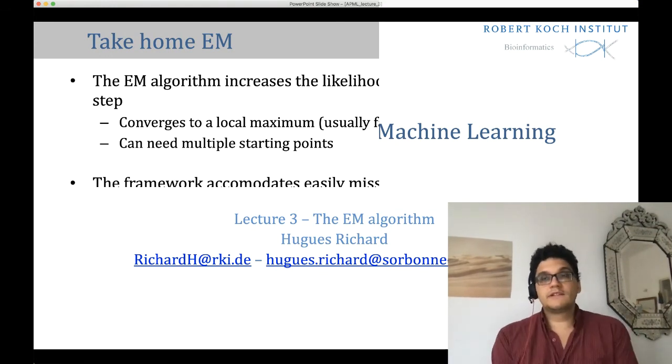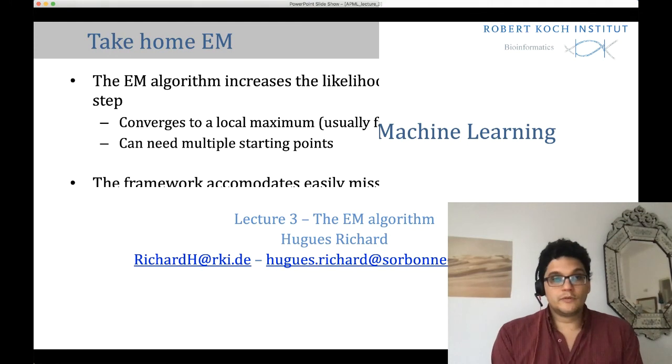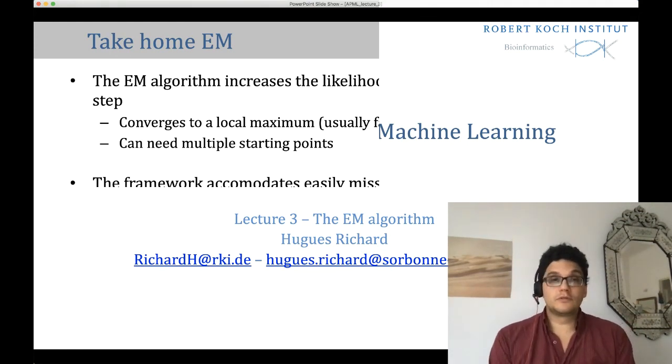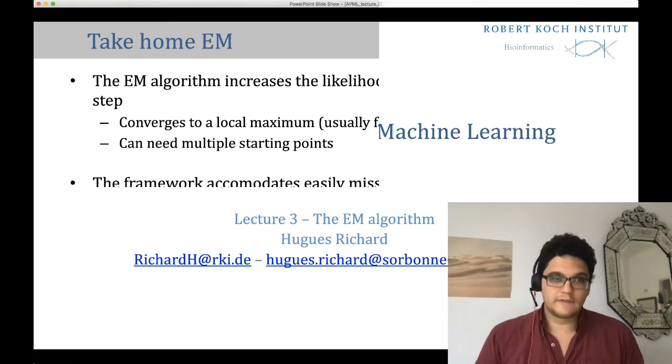And there are some cases where the latent variable space is too big, or the posterior is too complicated, and it's not possible to compute it directly. So EM cannot be used as such, and one needs to use approximate inference, or variational techniques, for instance, to be able to maximize the likelihood. But we will not look at that too much.